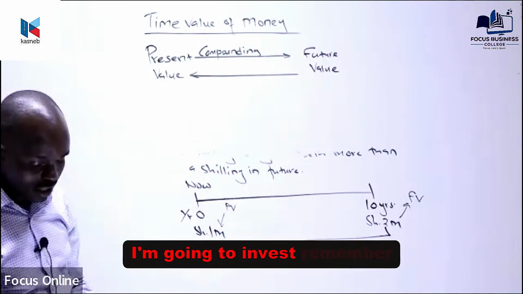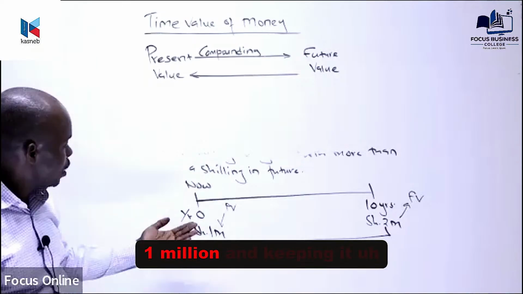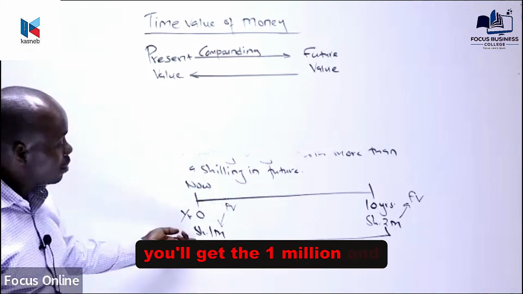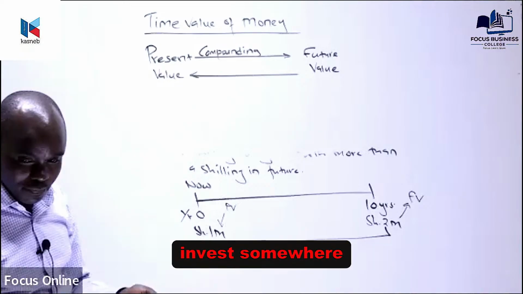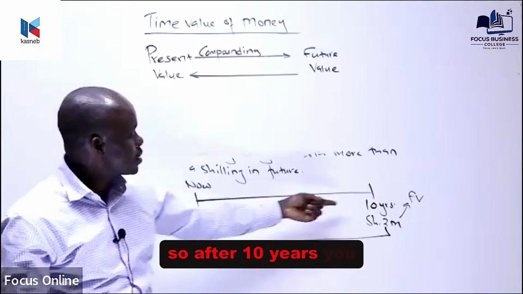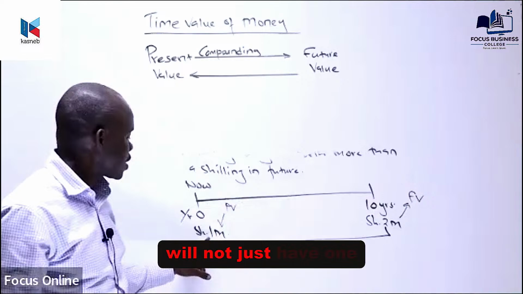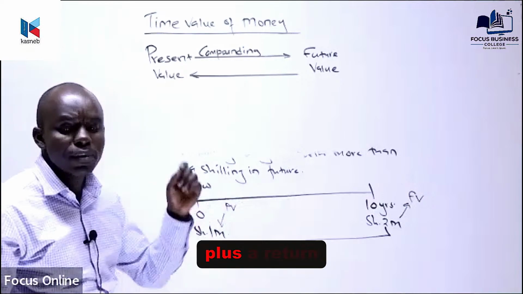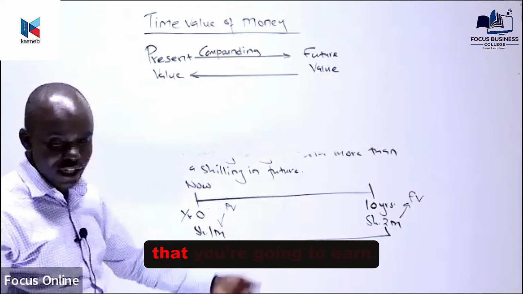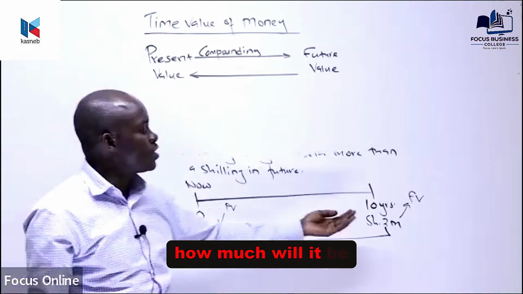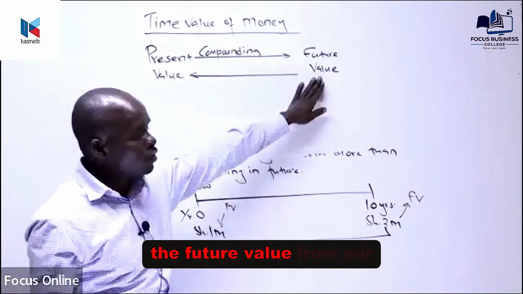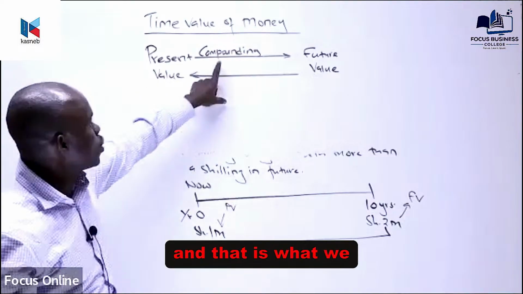Remember, you're not just getting the 1 million and keeping it under the bed. You'll invest somewhere, and it will earn a return. So after 10 years, you will not just have 1 million, but 1 million plus a return. We want to know how much this 1 million plus the return will be after 10 years. That is determining the future value from a present value, and that is what we call compounding.